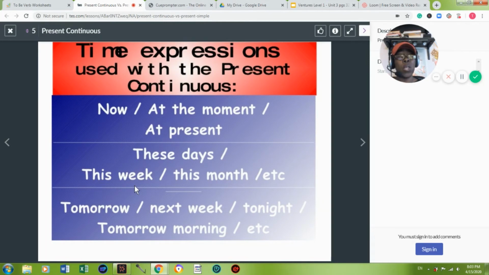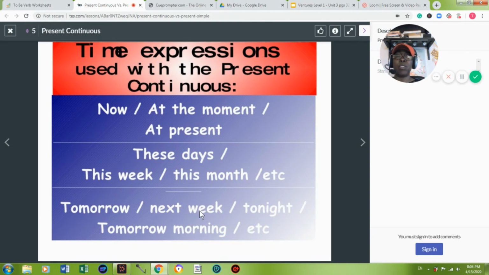We also use it with some future expressions. Tomorrow, I am going to the grocery store. Next week, I am making a bag. Tonight, I am watching TV. Tomorrow morning, we are eating breakfast.